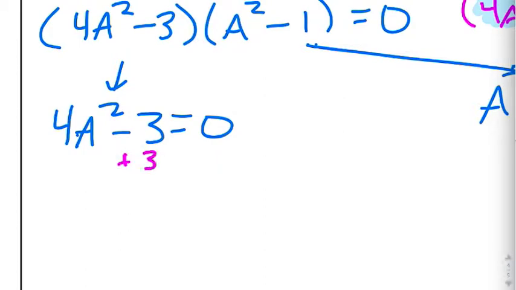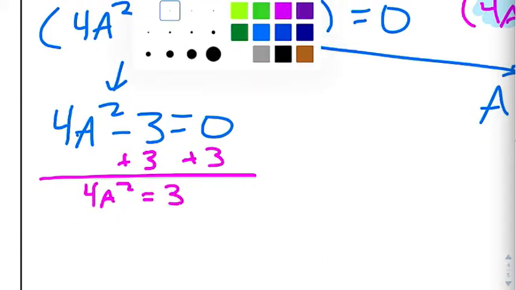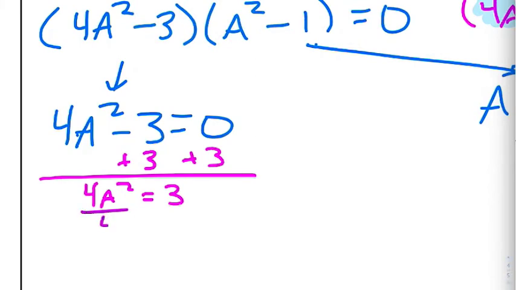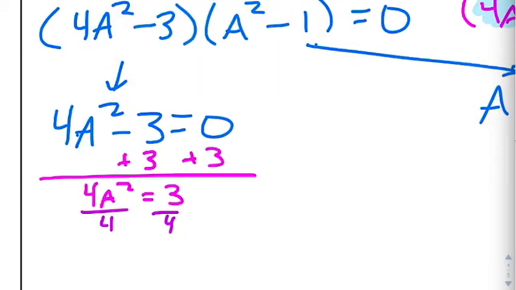Okay, so plus 3 here, plus 3 here. So 4a squared is equal to 3. Let's divide by 4. Okay. So we have a squared is equal to 3/4.